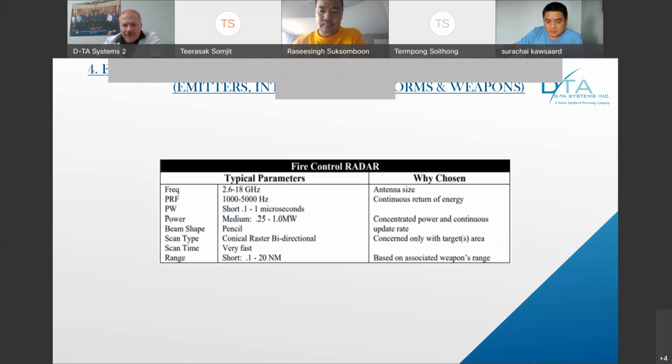The beam shape, obviously, will be a pencil beam. Quite often your scan type is going to be conical, raster, or bidirectional, and it's concerned only with the target area. Your scan time will be very fast, and your range generally shorter, specifically with the much higher frequency.